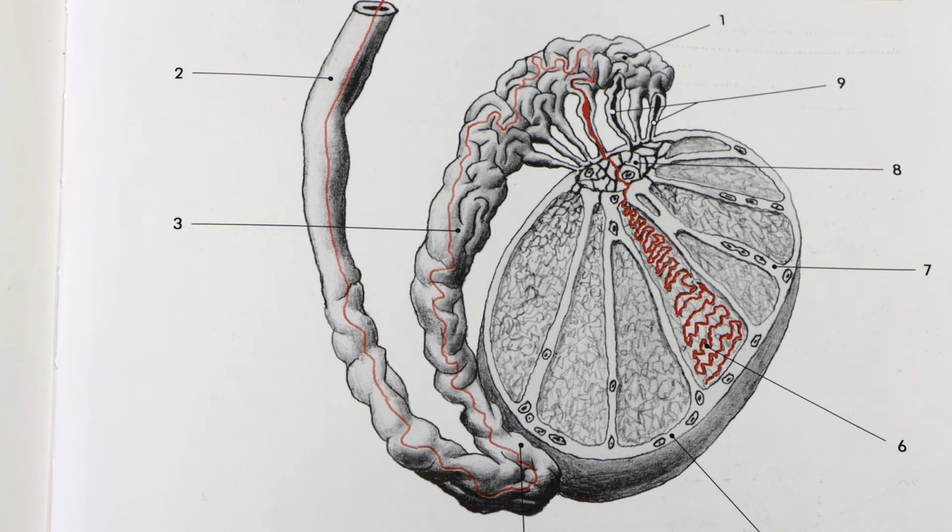Inside these seminiferous tubules, the convoluted part and the straight part, the process called spermatogenesis happens.